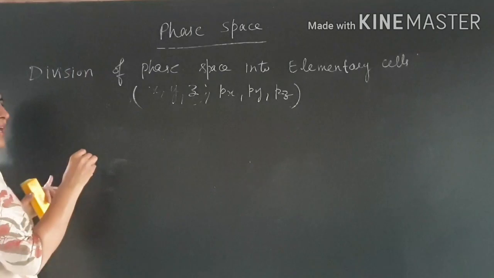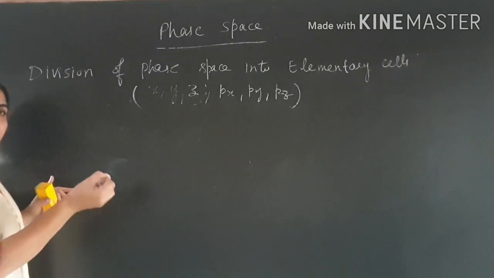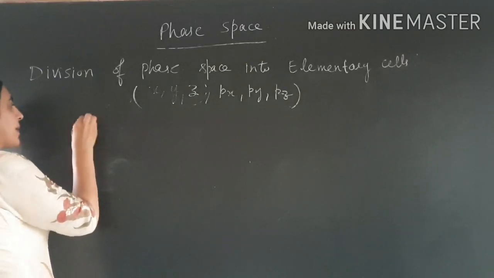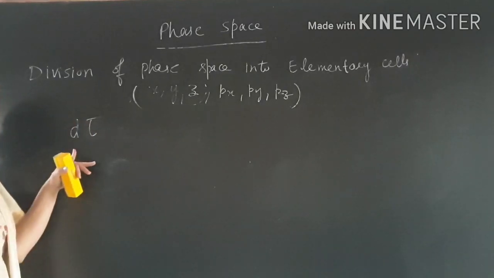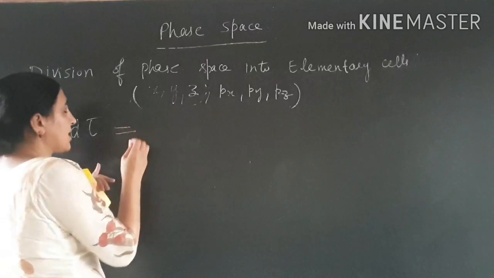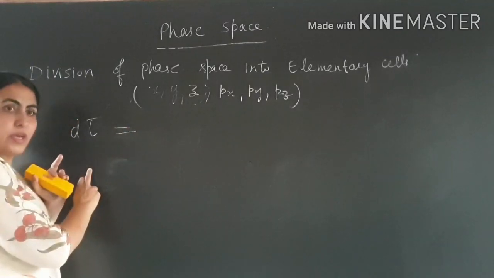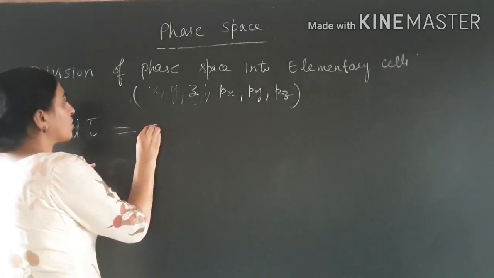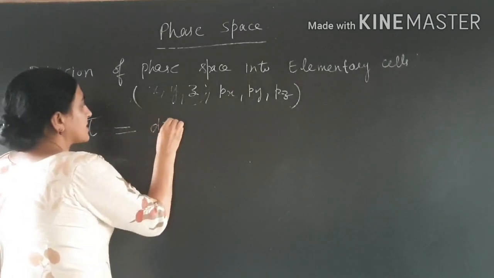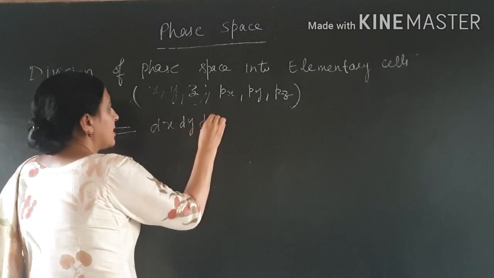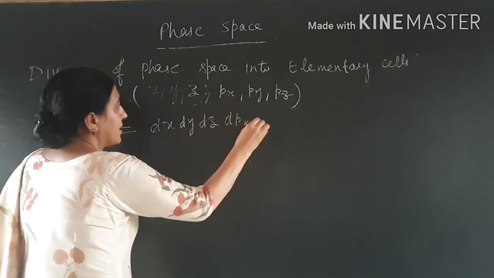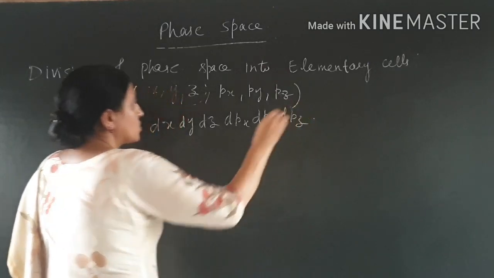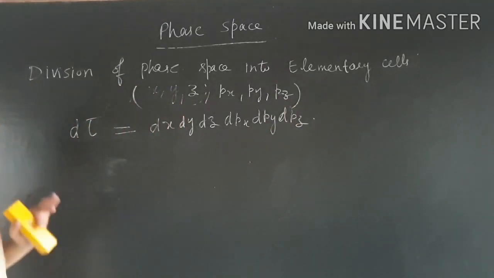So the volume element enclosed by a cell in phase space is represented by d tau, and this is equal to dx, dy, dz and dpx, dpy, dpz. So this is the volume.